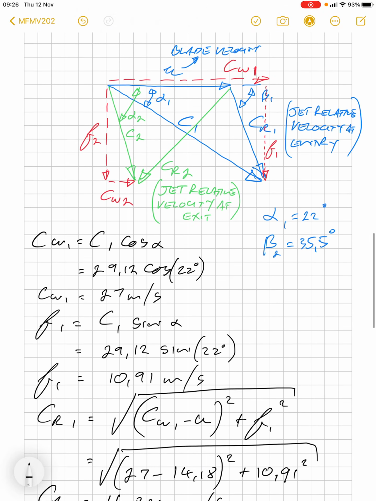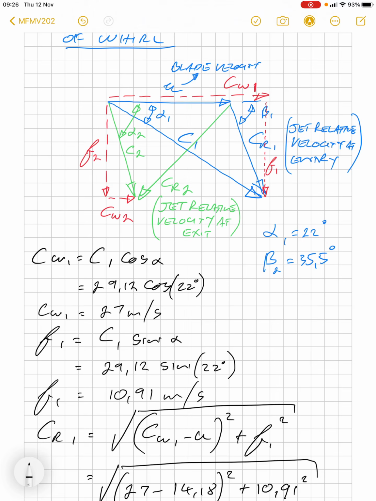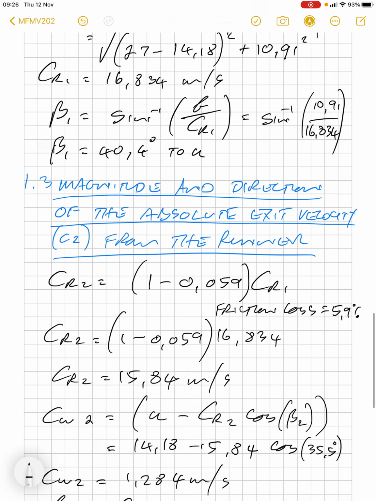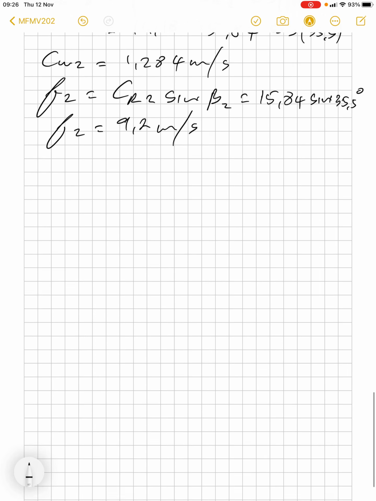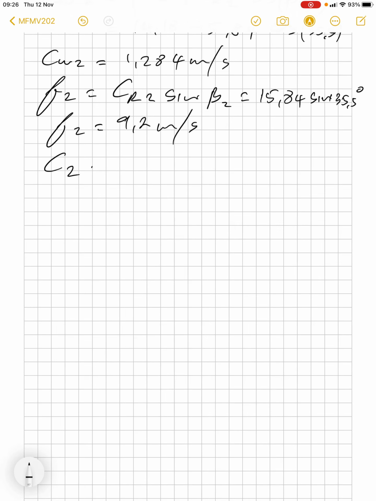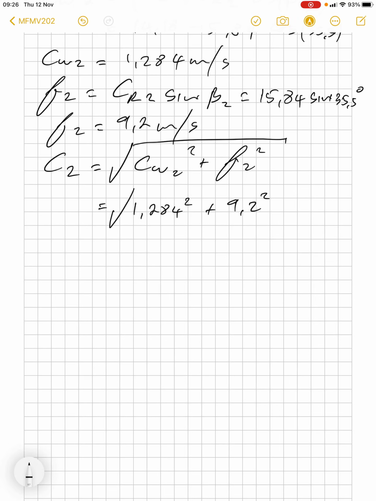If you recall from the diagram, F2 is that vertical component of C2. Alright, so now I've got the horizontal and vertical components of C2. So C2 is easy to calculate. It's CW2 squared plus F2 squared, and we square root that again. 1,284 squared plus 9,2 squared.